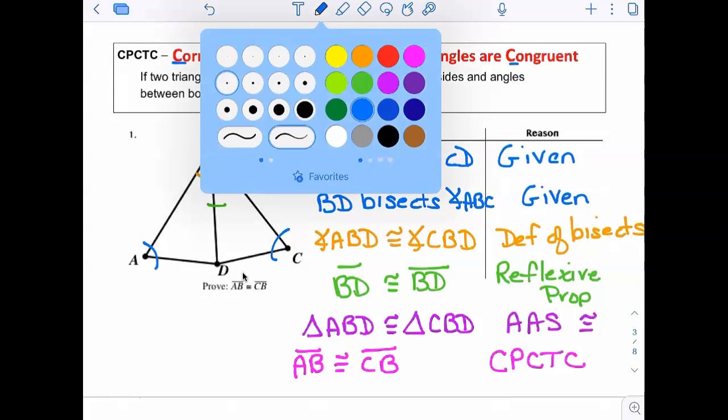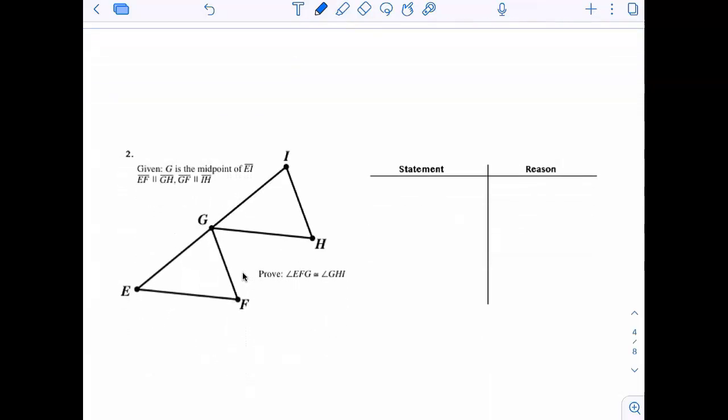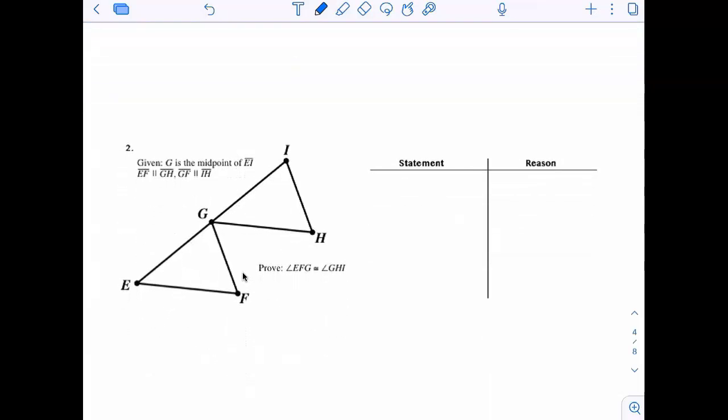Now let's look at another example, problem number 2. Okay, so we're given that G is the midpoint of EI. And that, of course, is given.